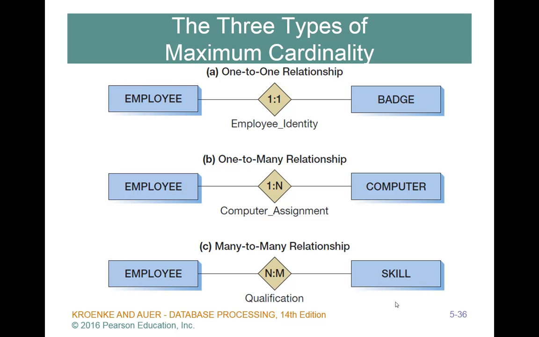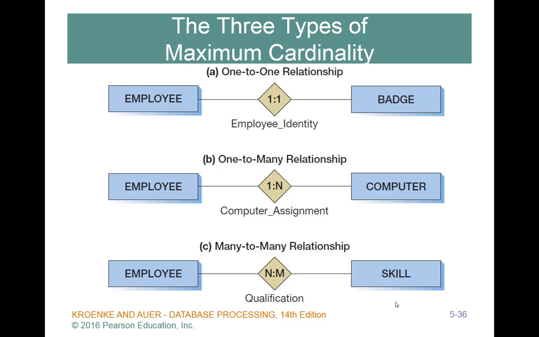What this is essentially saying is that at most one employee is going to have one badge instance. So no employee has more than one badge, and no badge is assigned to more than one employee.